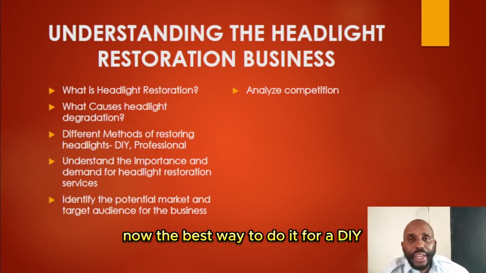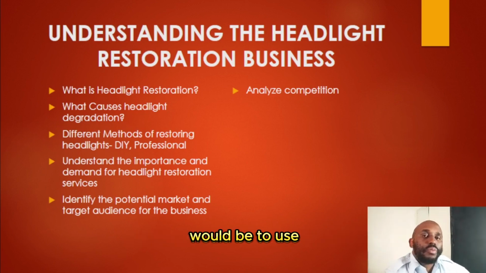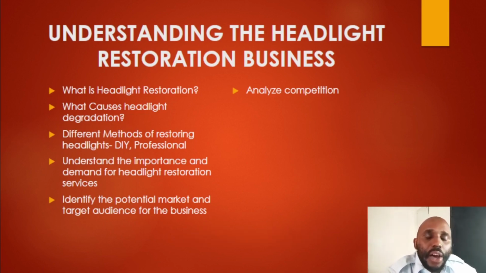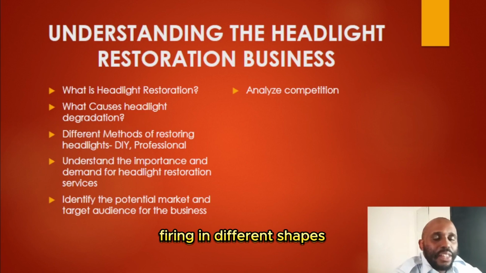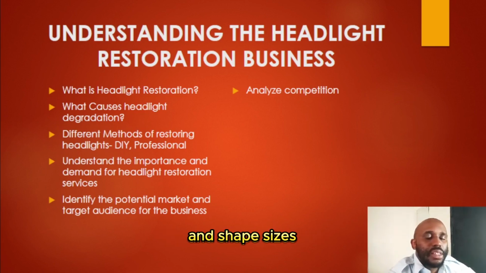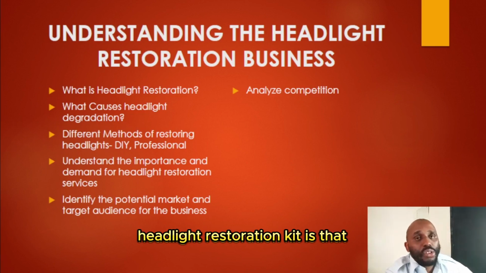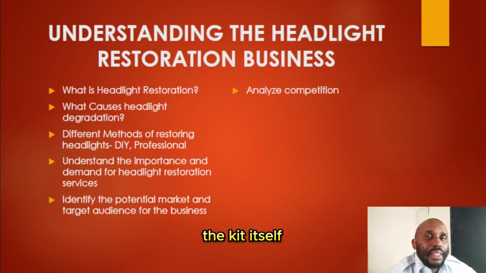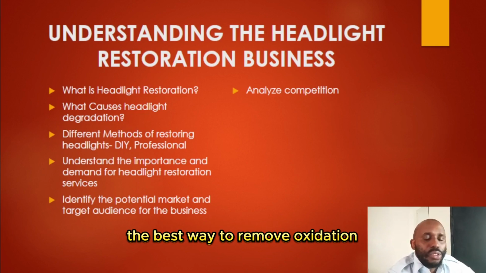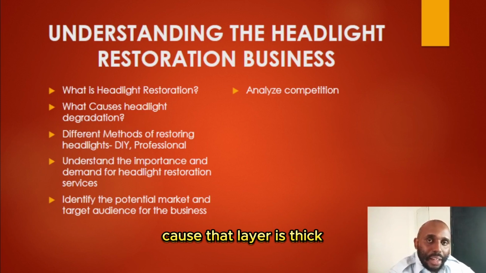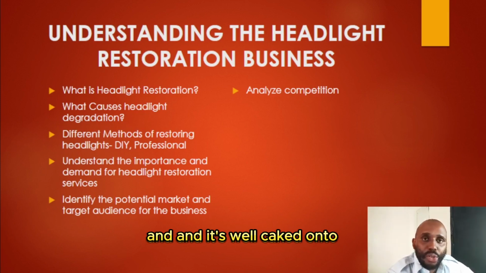Now, the best way to do it for a DIY would be to use a headlight restoration kit. That's the best method. Kits come in different sizes and methods, but what you need to look out for in a good kit is that it should have enough sandpaper for you to remove oxidation. Sanding is the best way to remove oxidation, not rubbing, because that layer is thick and well caked onto the headlight.